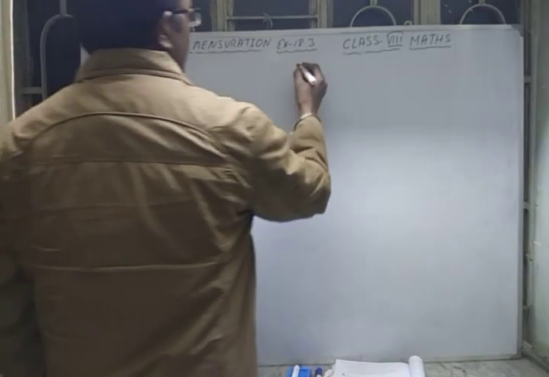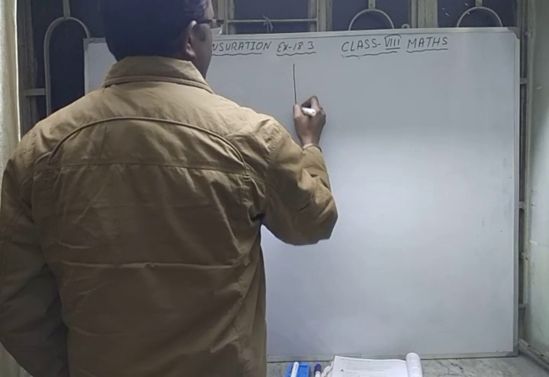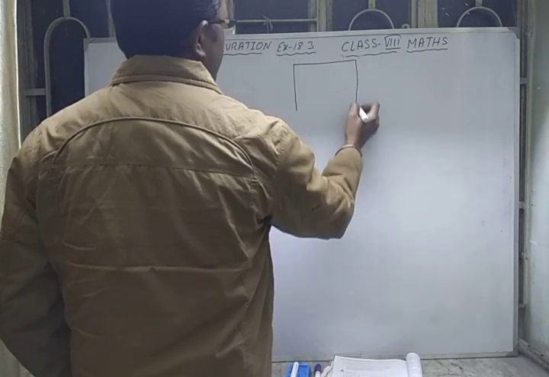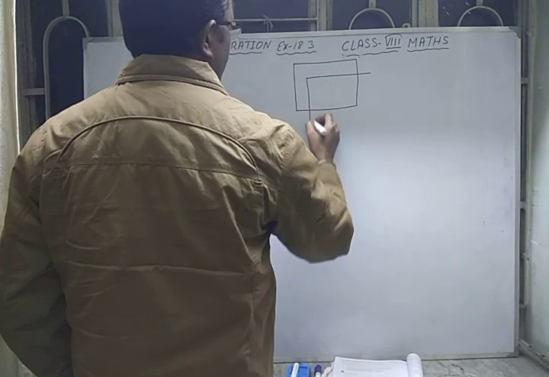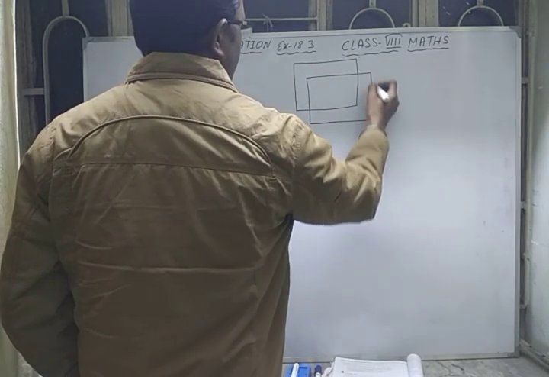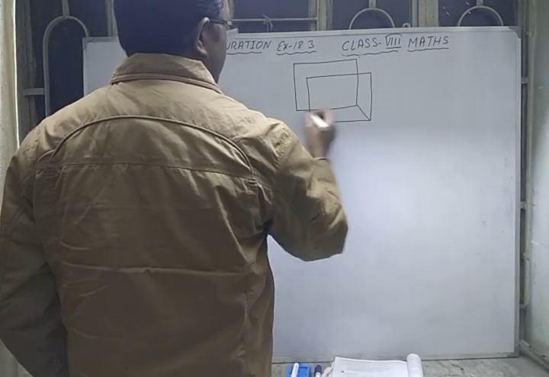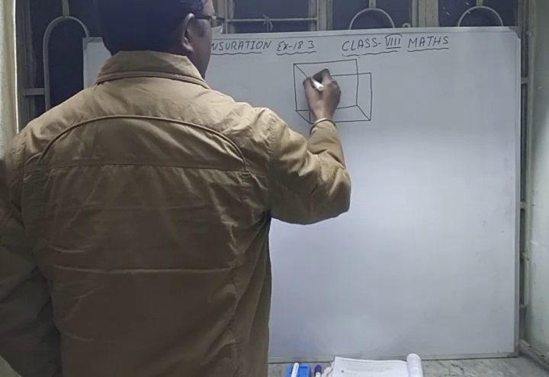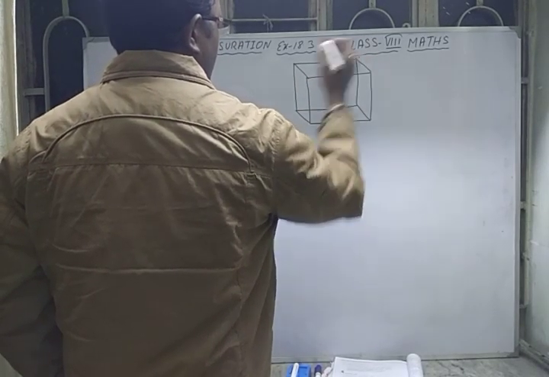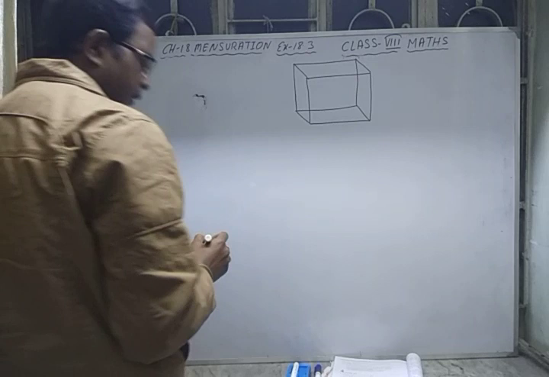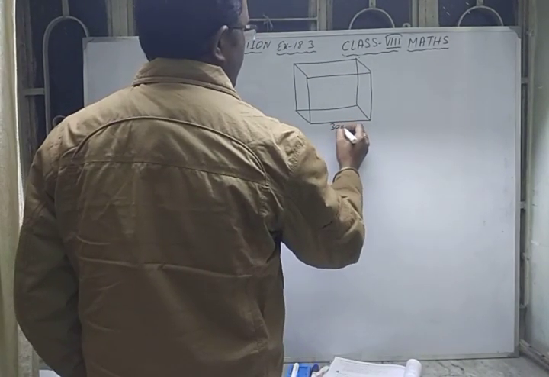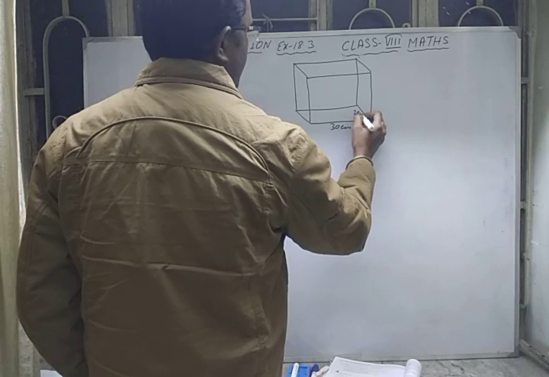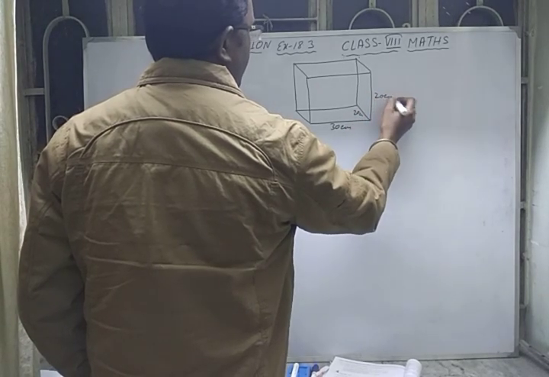First of all, I will draw the tank like this, to make you understand the question. Suppose this is the tank. In this tank, the length, breadth and height are 30, 20, 20. So 30 centimeter, 20 centimeter, and height is 20 centimeter again.